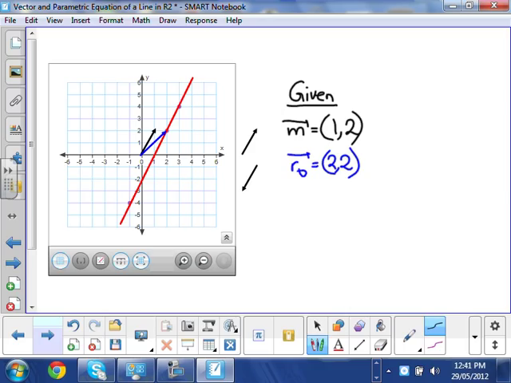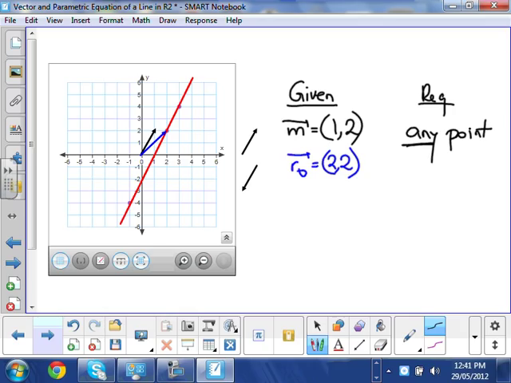What I want is for you to be able to generate any point on the line using the two vectors that I give you. Now, any point on the line is not necessarily the best way to put this. The best way to put this is, remember, we talk vectors, we don't talk points on the line.